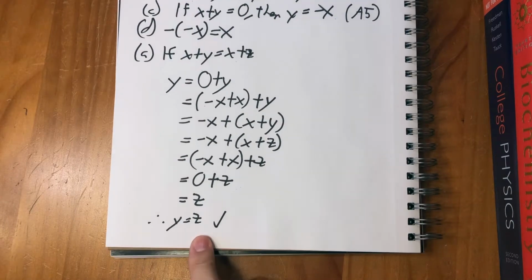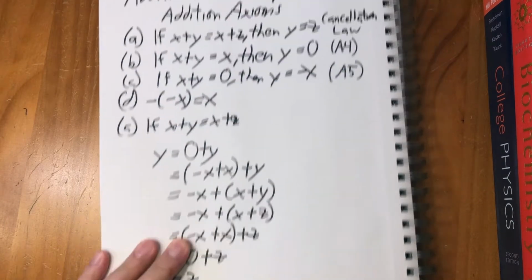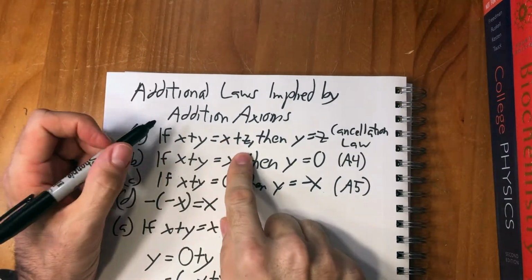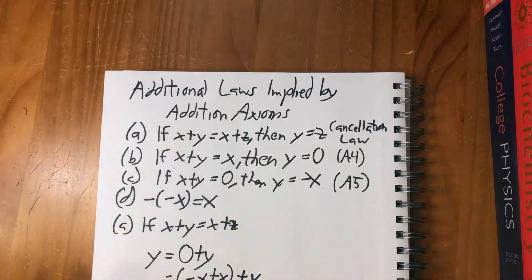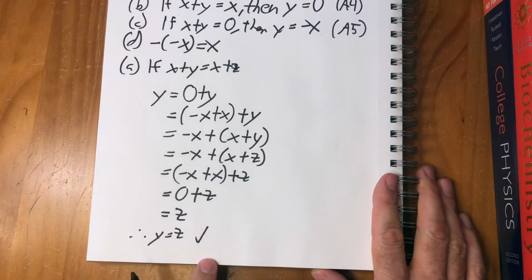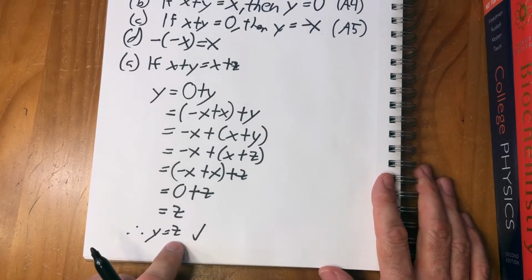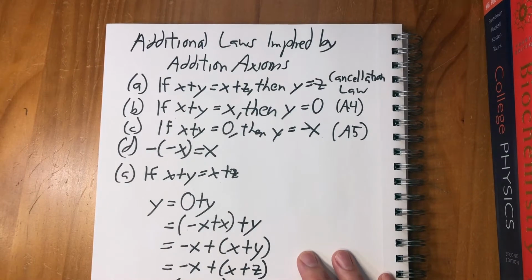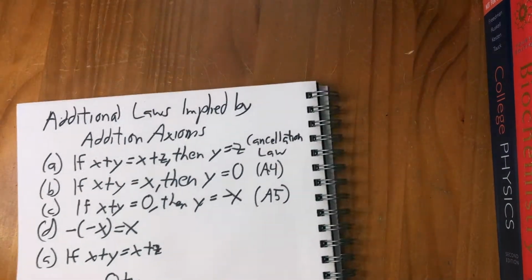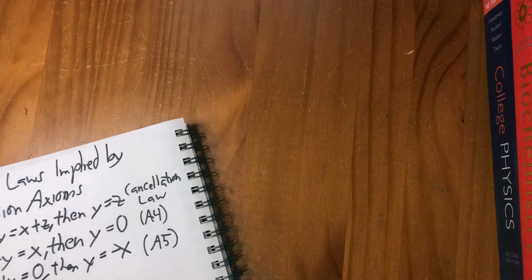So that proves A. A was that if you start with x plus y equals x plus z, you can prove that y equals z. It's interesting because this is such a fundamental property, but we can actually deduce it from our rules. We don't need to assert it as an axiom. So let's do the same thing for the remaining ones.